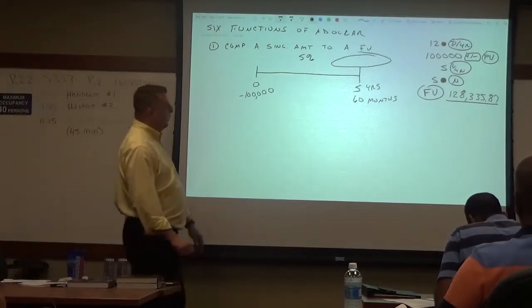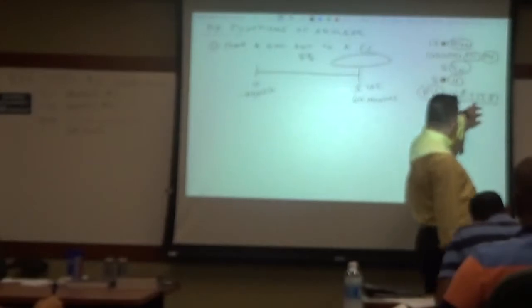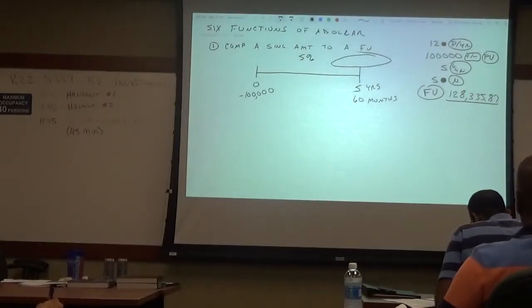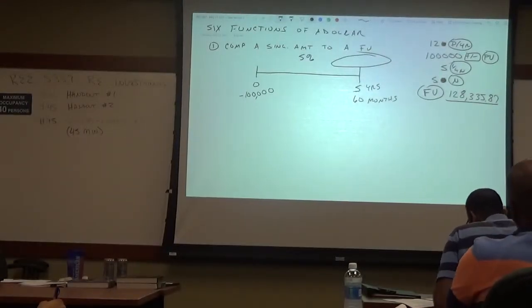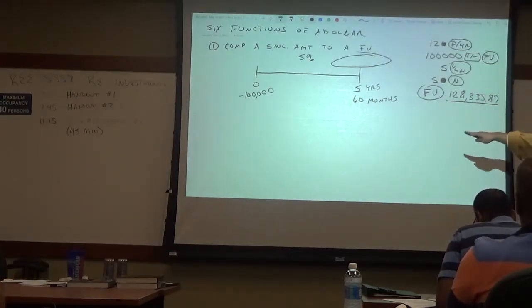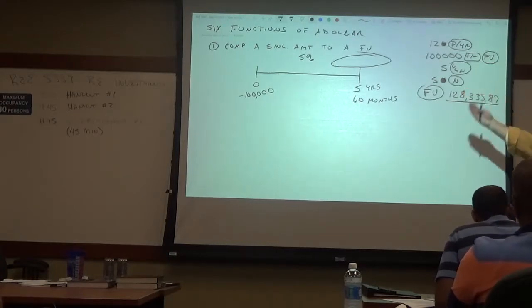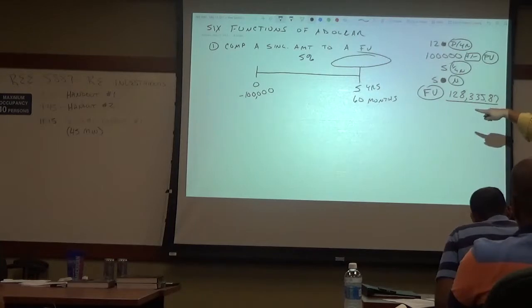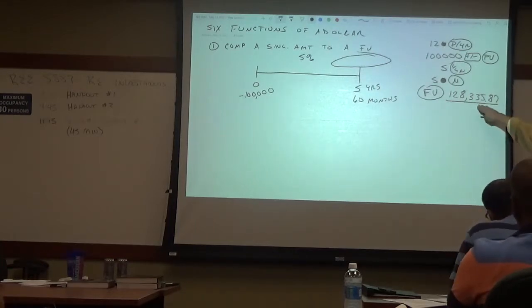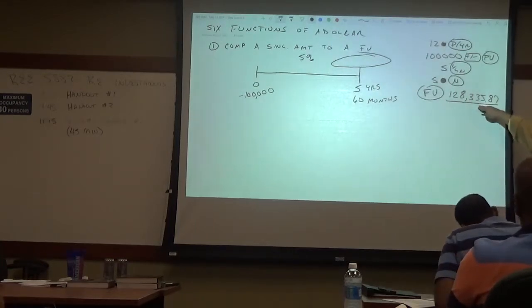Okay, $128,335.87. So all we're saying is, if you bought this property, you held it for 5 years, the value goes up 5% a year, monthly compounded, because it's what we chose to do, this would be the value at the end of 5 years. Does that make sense, everybody?